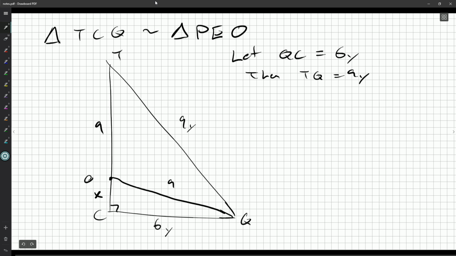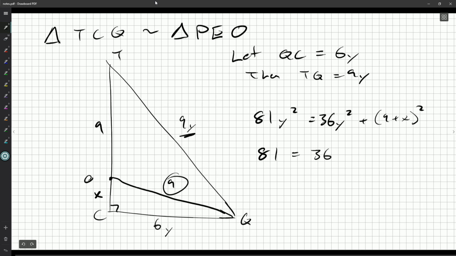And we get a few relationships. By the Pythagorean theorem, 9y squared, which is 36y squared... I mean, 9y squared is going to be 6y squared, so 36y squared, plus (9 plus x) all squared. But then we have another relationship: 9 squared, 81, is 36y squared plus x squared.